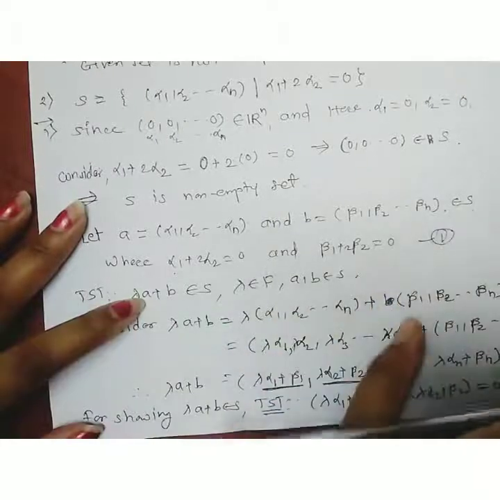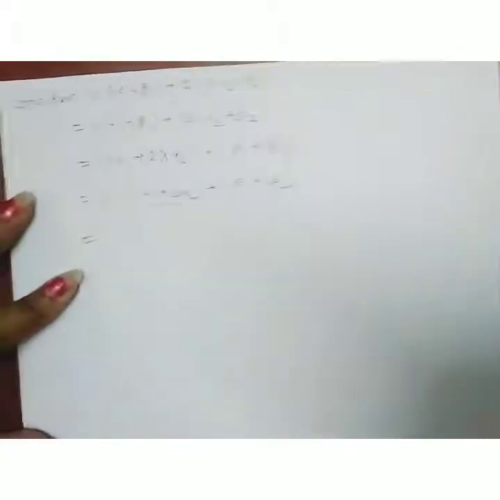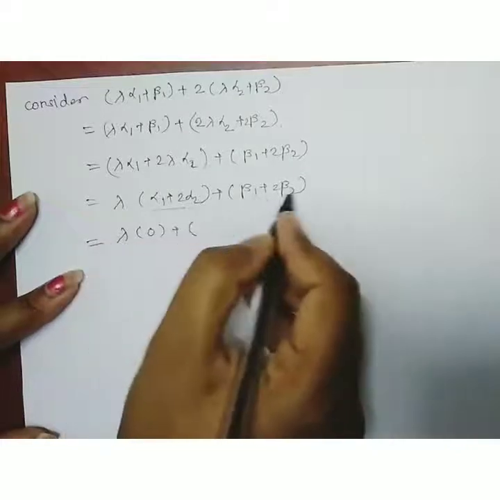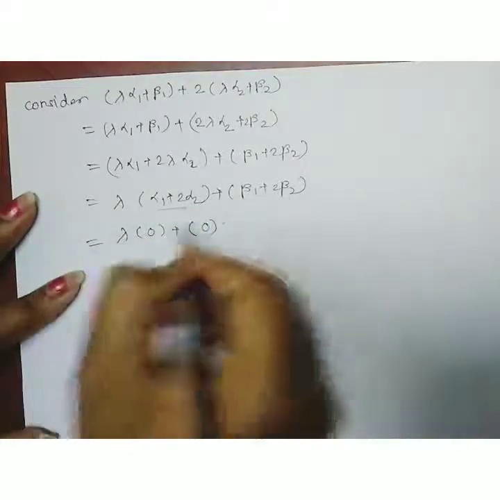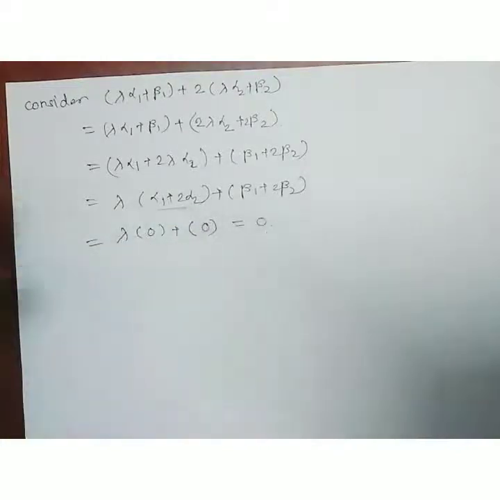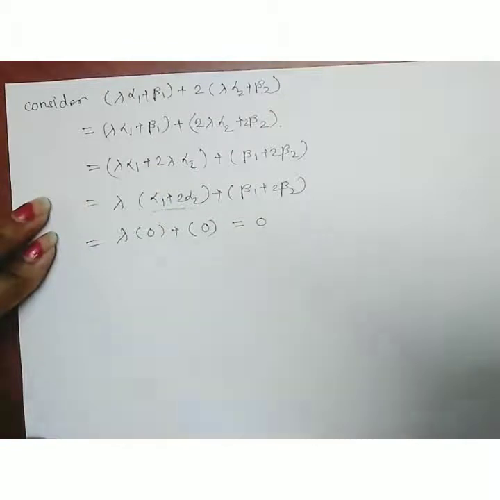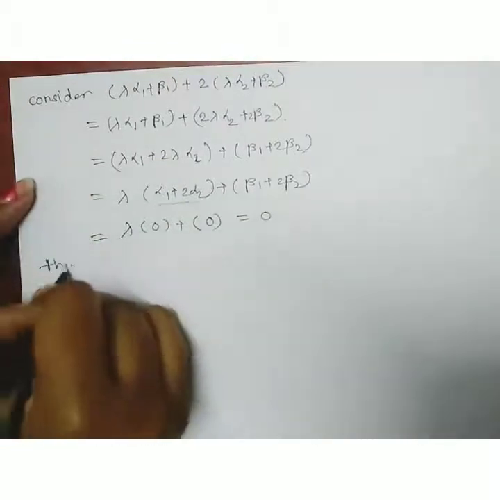Suppose this is the first one, therefore put the values of this in that equation. Lambda into this value, which is 0, plus beta 1 plus 2 beta 2, which is again 0, so lambda into 0 plus 0, which is nothing but 0. Therefore that's what we have to show, that this condition is equal to 0, thus the second condition is also satisfied.